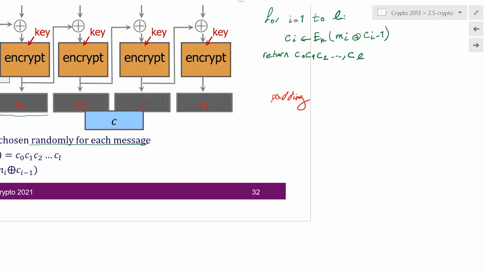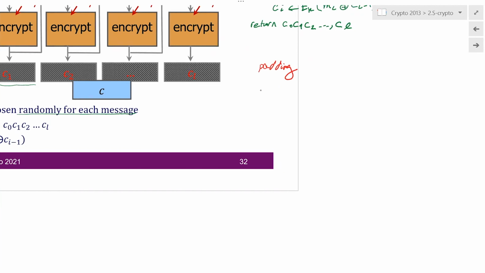What if we add a pattern so that we don't have to transfer that extra information about how many bits are actually random? We say that if the length of the last block ML is less than, supposing that we are working on AES again, 128 bits, right? So we are going to do this.